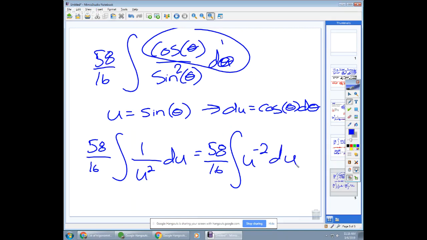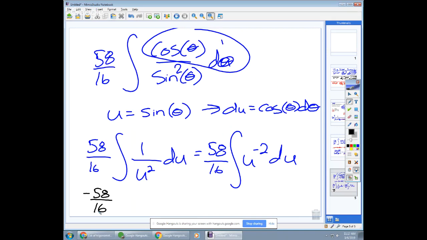And what's an antiderivative for u to the negative 2? Nope. Negative u. You add 1 to the power, so u to the negative 1. Yeah, and then we're missing a multiple of negative 1, so I'm going to say it's going to be negative 58 sixteenths. Yes, I know I could reduce that, but I don't really care yet.